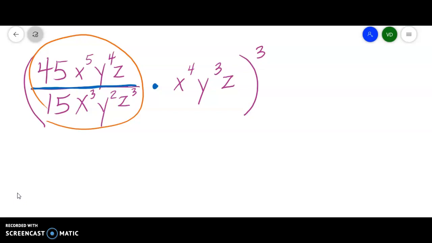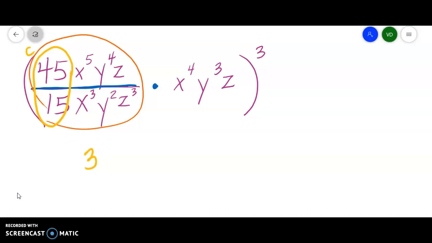Okay, so I'm going to simplify my fraction. My coefficients first, right? That's the main operation with my coefficients. We get 3. We don't need to do a fraction because it's simplified, right? 45 divided by 15 is 3.